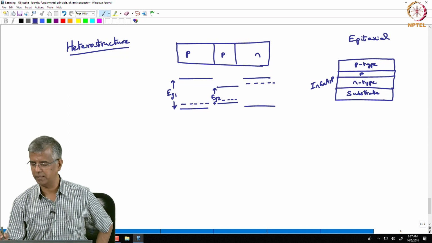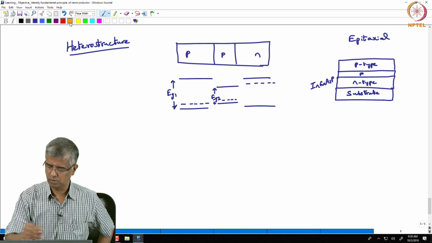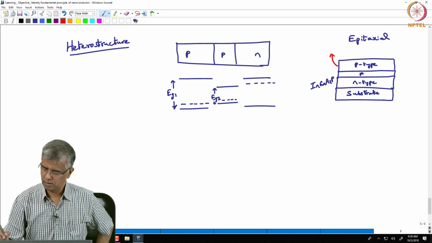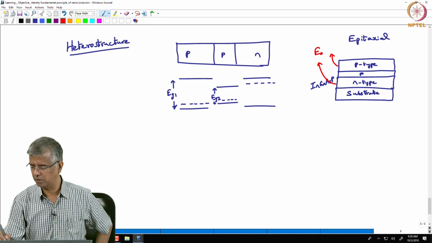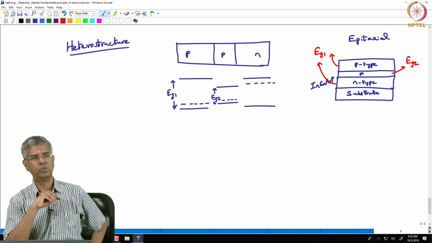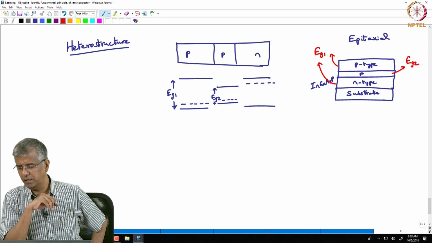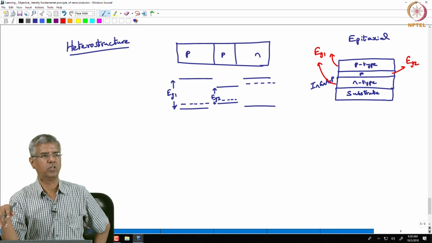So what we are saying is these two layers here have one composition which gives you Eg1, whereas this layer has another composition which gives you a lower band gap energy.